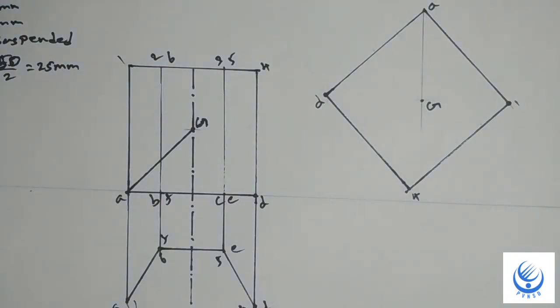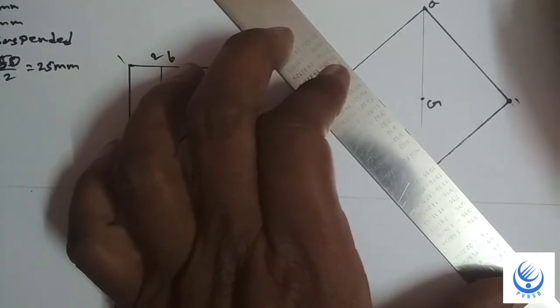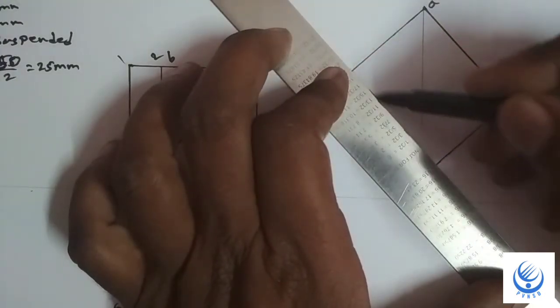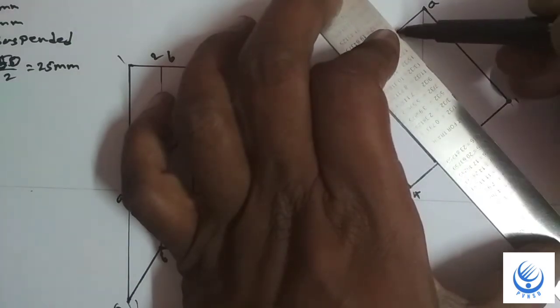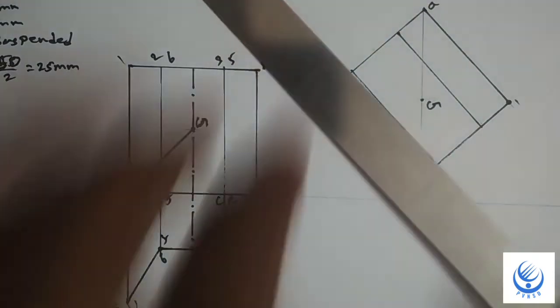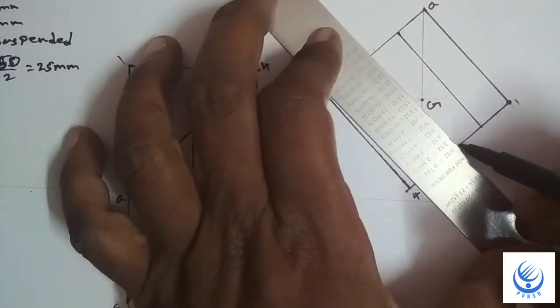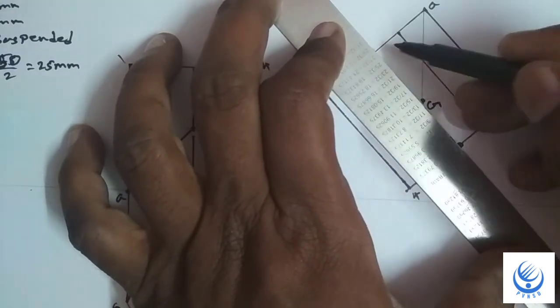Join these lines. This is the center, and the center correctly coincides with point G.